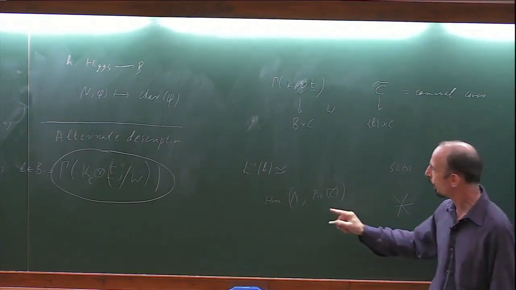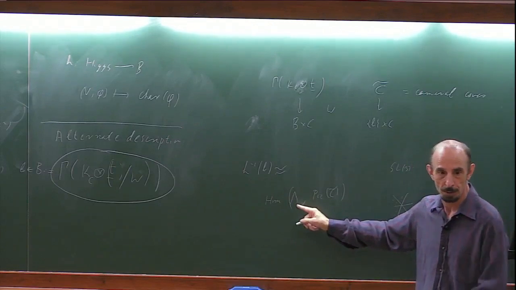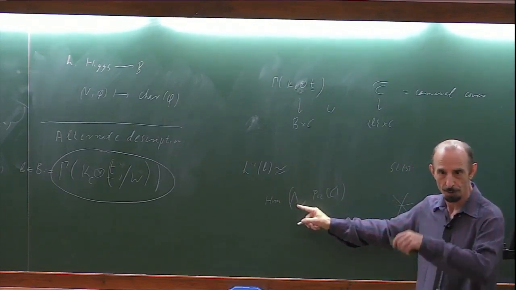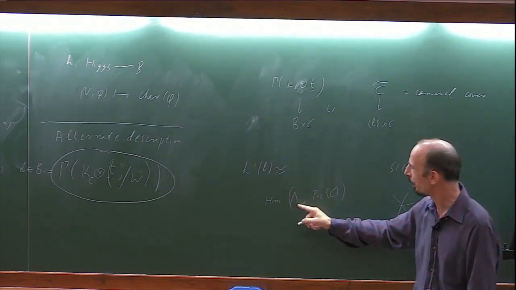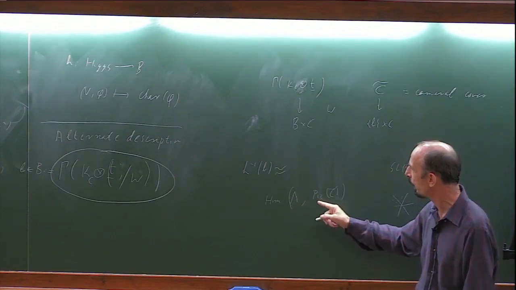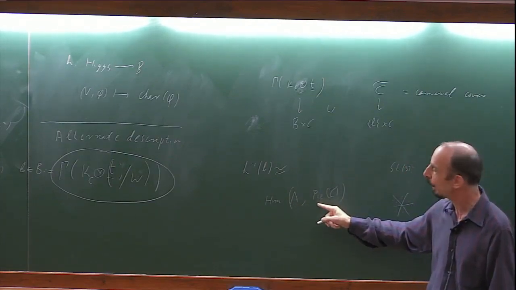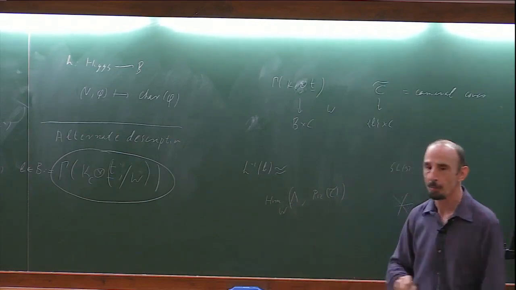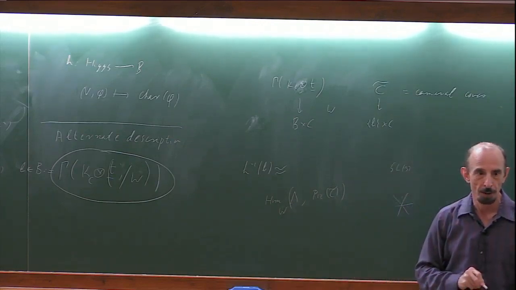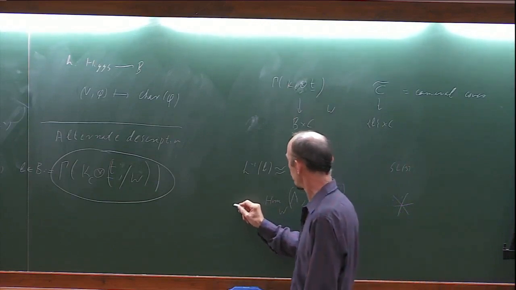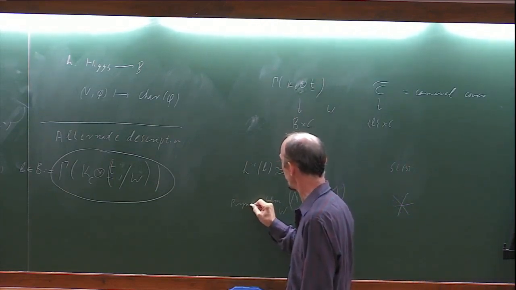The Weyl group acts on lambda because the Weyl group is the symmetry group of the lattice. It also acts on C tilde, therefore it acts by pullback on Pic of C tilde. So you can look at those homomorphisms that are W-equivariant. And this is what's called the Prym.